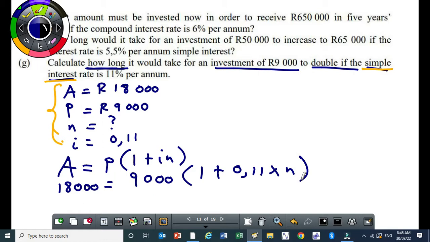Okay? Now, to get N here, obviously we have to divide both sides by 9,000 first. Remember, our unknown variable is N. Because of this 9,000 here, we have to divide both sides by 9,000.